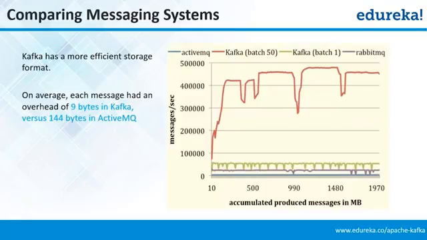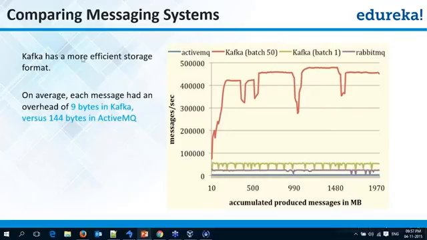So let's also quickly check. LinkedIn did a very good benchmark test on Kafka versus other platforms. Basically they did a producer test, and the screenshot you're looking at is the producer test.